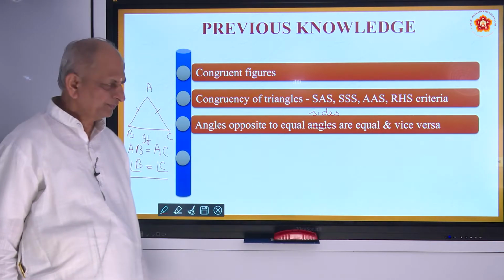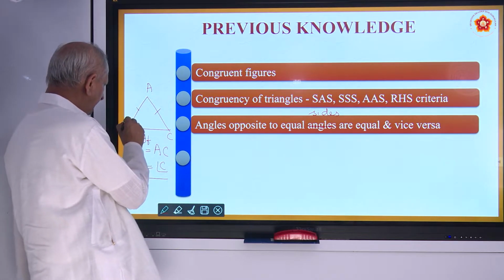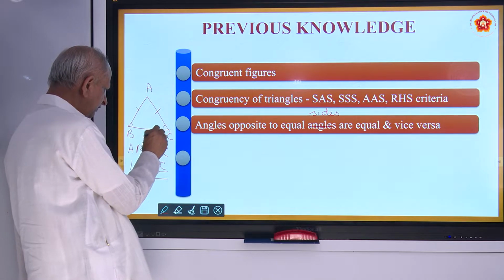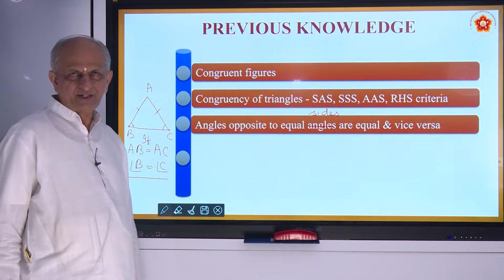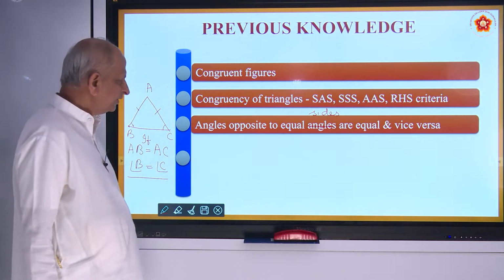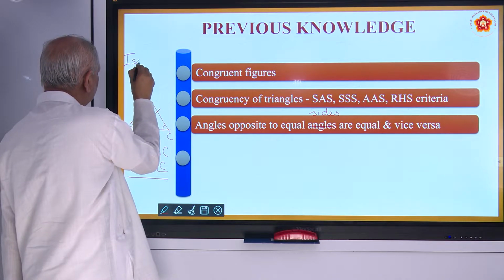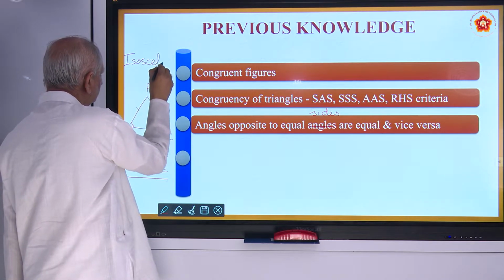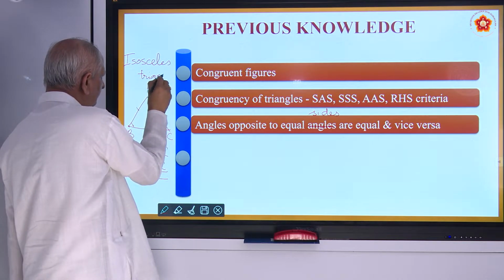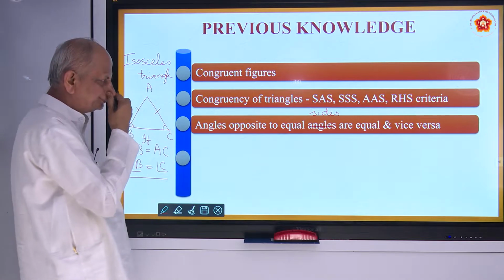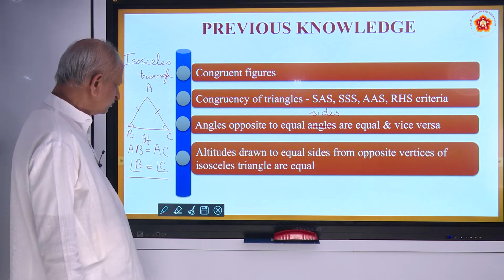Means if angle B is equal to angle C, then AB is equal to AC. That's also true. It's a theorem on what is called an isosceles triangle. So if two sides of a triangle are equal, we get an isosceles triangle.